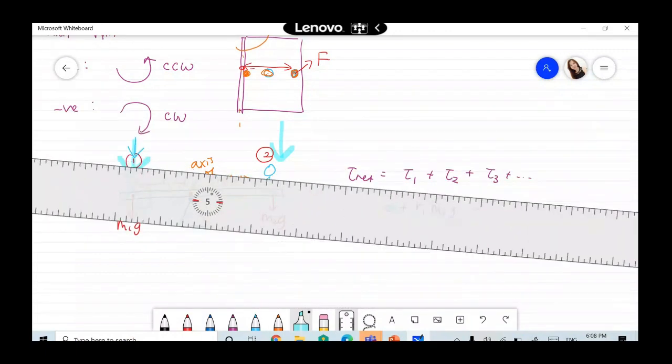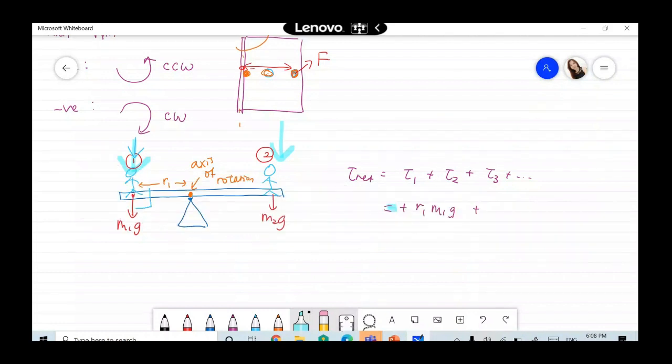Clockwise direction means the torque produced is negative. So plus negative R2 M2G. R2 is from the axis of rotation to the force, and the force is M2G. It is negative because this force tends to rotate the plank in the clockwise direction.